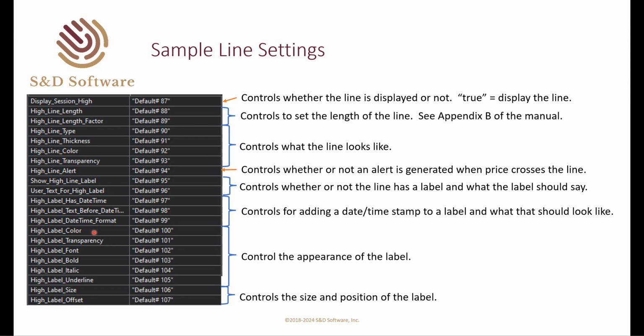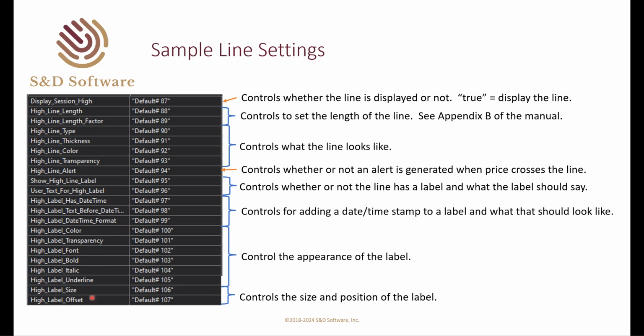And since you're putting text onto your chart, you have all the usual suspects to control how that text looks. The color, the transparency, the font, bold, italic, the usual, just what you'd expect. And then the last two settings control the size. This is going to be the size of the font used in points. And then the last setting is in ticks.